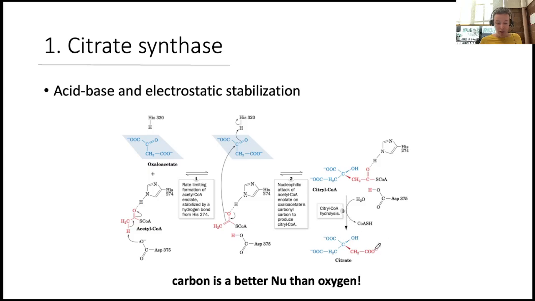We chop off CoA, leaving us with citrate. And that is step 1. Again, showing you the mechanism so that you can see similarities, not so that you can memorize all these details.